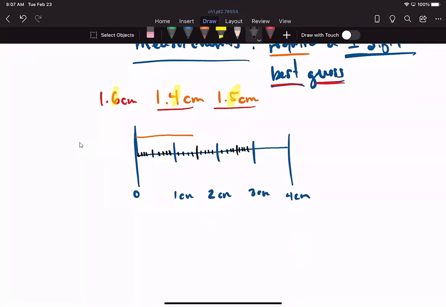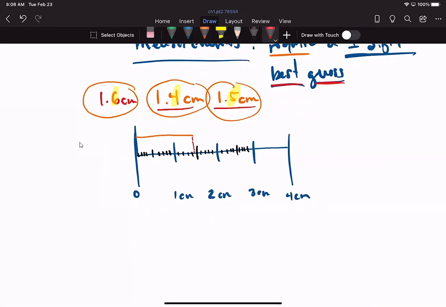Now my ruler's a little more accurate. So if we take a look at these measurements, these are no longer accurate because I don't have a best guess. In fact, a couple of these are now wrong. This measurement here is definitely not 1.5, definitely not 1.6.